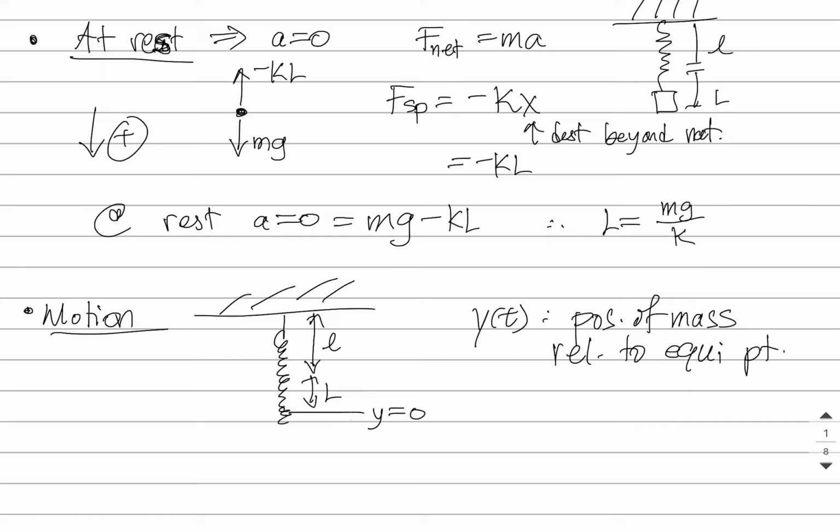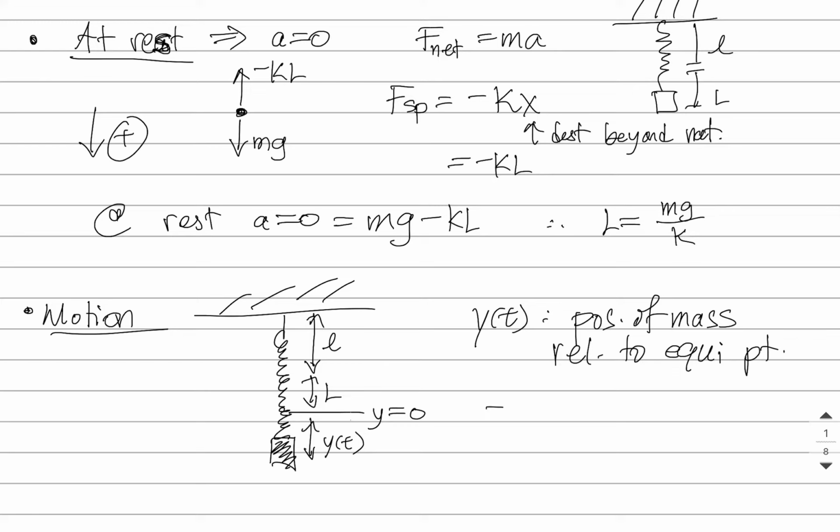And so what I mean by that is, if you decide to pull the mass down even further and then let it go, you could imagine that the mass is going to start bouncing up and down relative to that equilibrium position. At any given time, you can add this additional distance to it, this y of t.